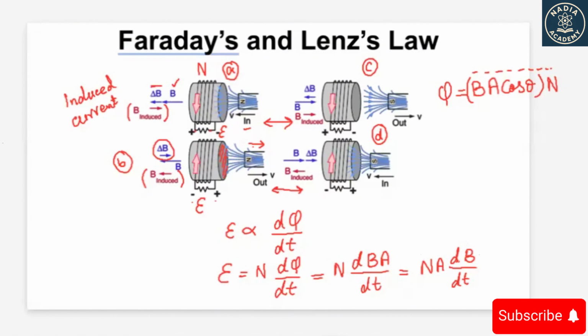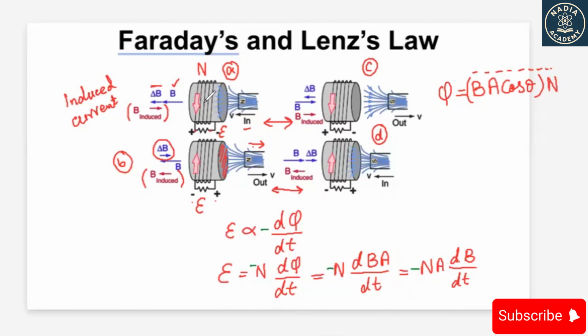Now, the question is what Lenz's law is. Lenz's law is simply a negative sign in this mathematics. This negative sign indicates that in our figure, panel A, when the north pole was moving towards the coil, the induced magnetic field was like this.